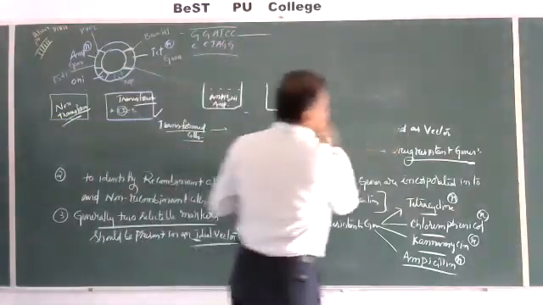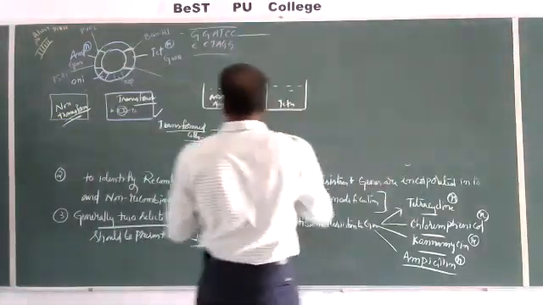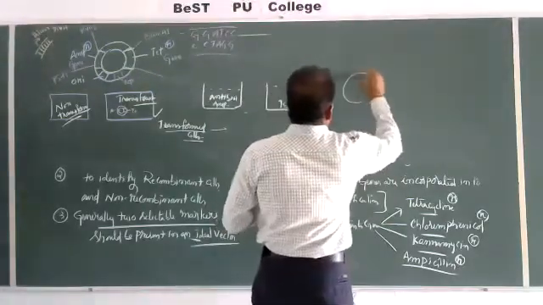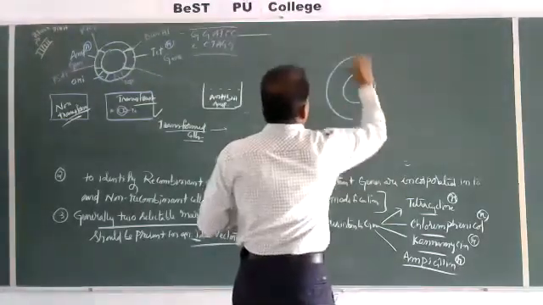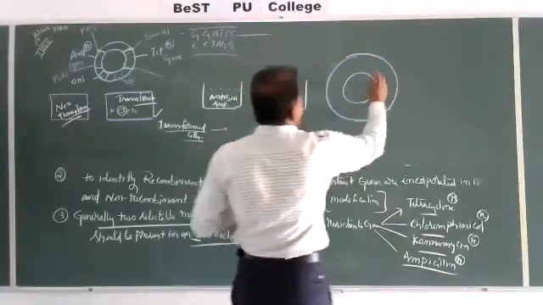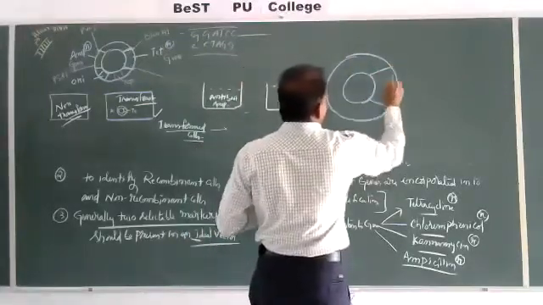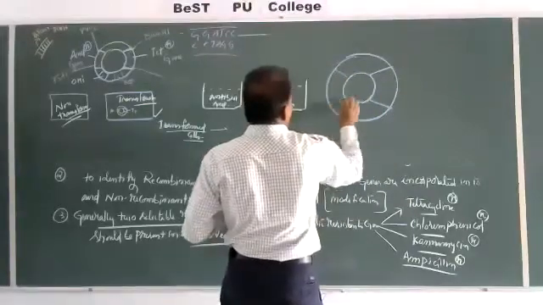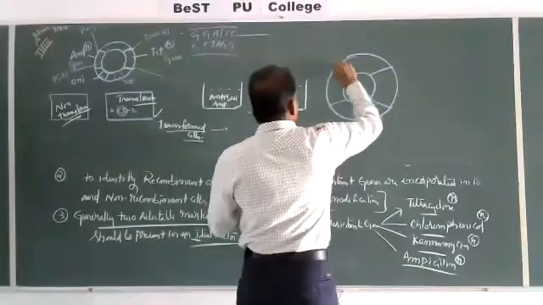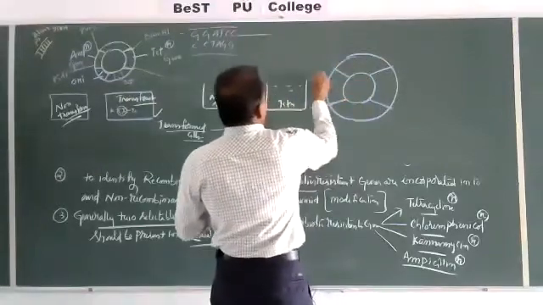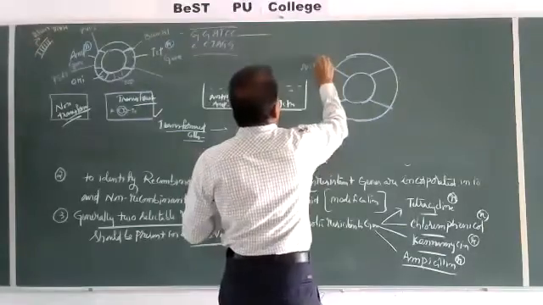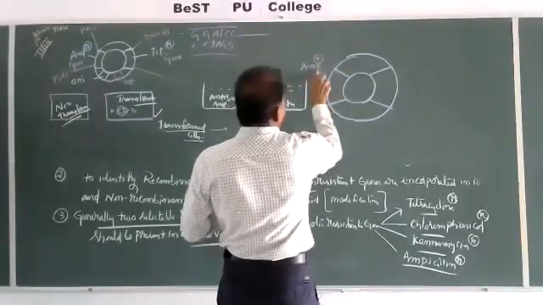Now, see here, we will take the plasmid vector having antibiotic resistance regions, tetracycline and ampicillin. For example, ampicillin, AMPR, ampicillin resistant.